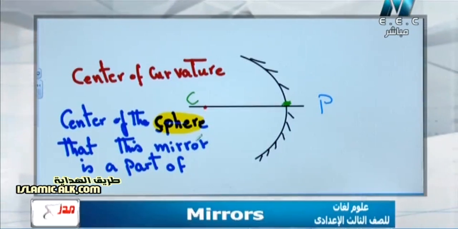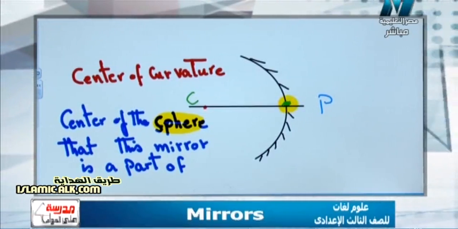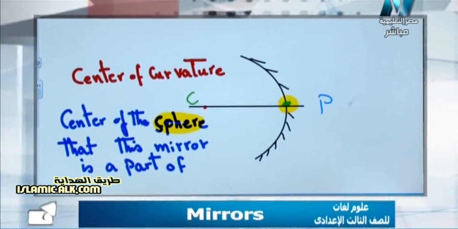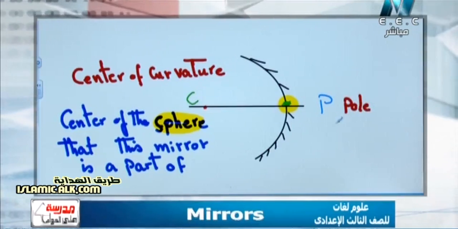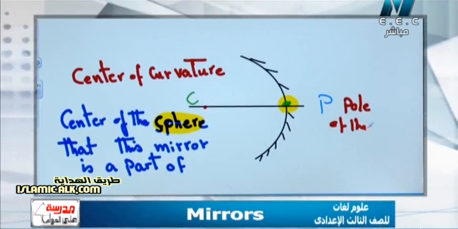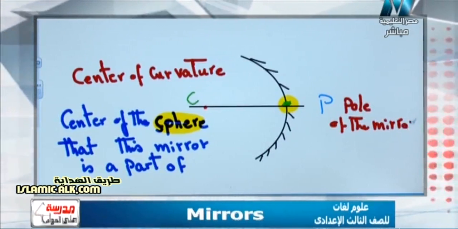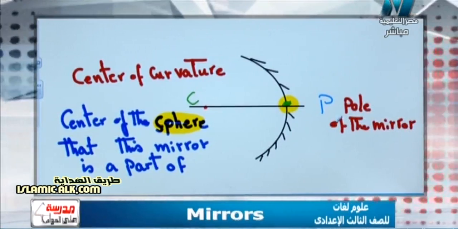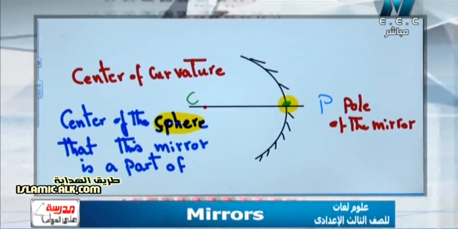And on the other side we have here P. What is meant by P? P means pole of the mirror. Firstly, we should know the plane mirror has no pole, but spherical mirror has center of curvature and pole. So what is meant by pole of the mirror?